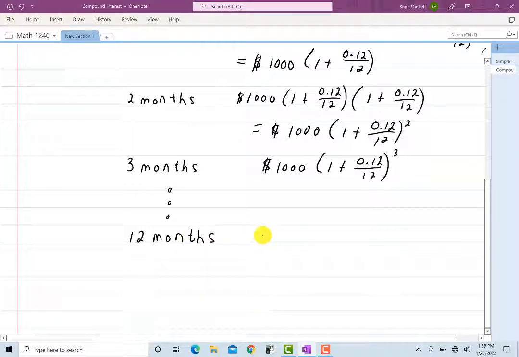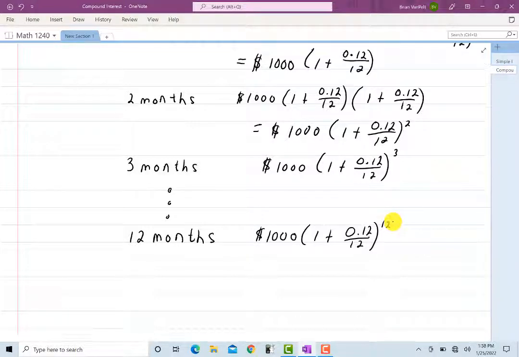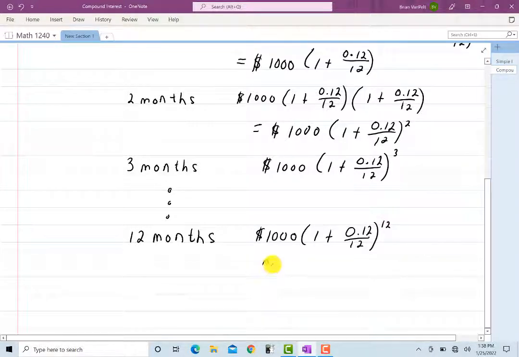After 12 months, we're going to have $1,000 times 1 plus 0.12 divided by 12 to the 12th power. And now let me go ahead and figure that out. I get approximately 1126.83. I'm only going to 2 decimal places because we are talking about dollars and cents.